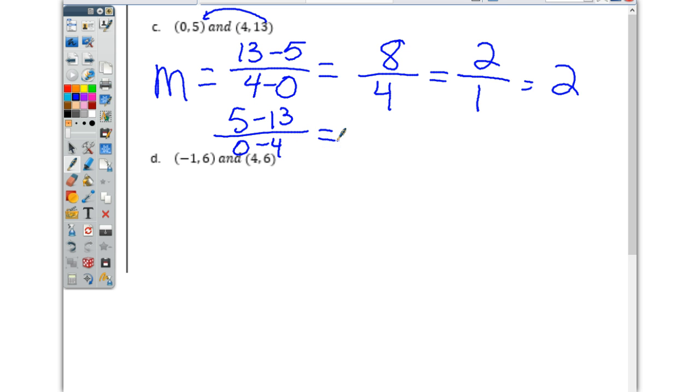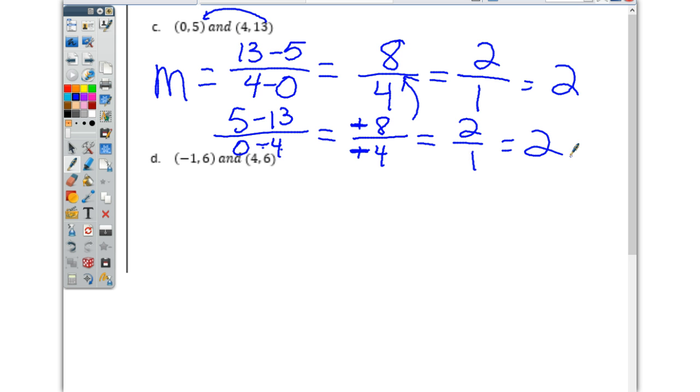Just to show you that it still works out, 5 minus 13 is a negative 8. 0 minus 4 is a negative 4. Is that still the same? Because what is a negative divided by a negative? So it's still a positive, just like this turned out to be. So it's the same answer. You have a slope of 2 over 1, which equals 2.